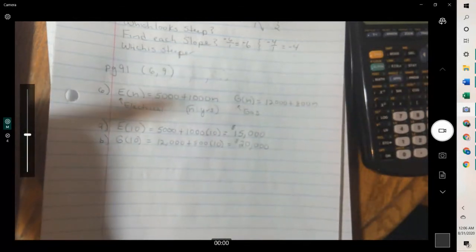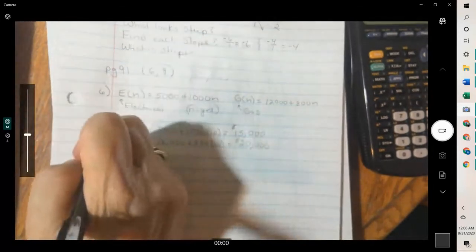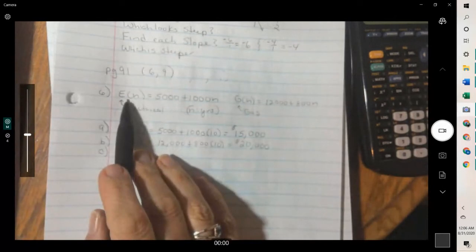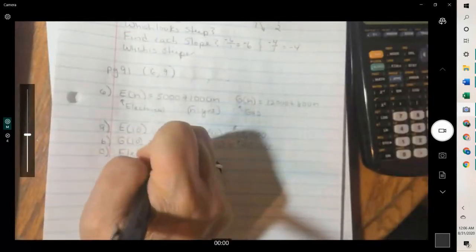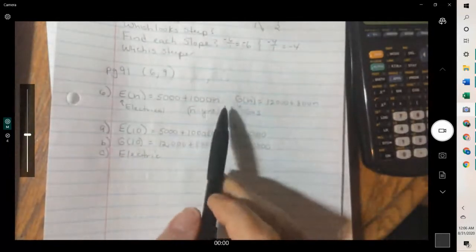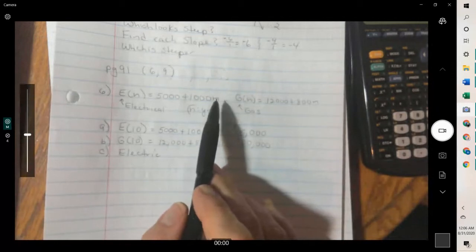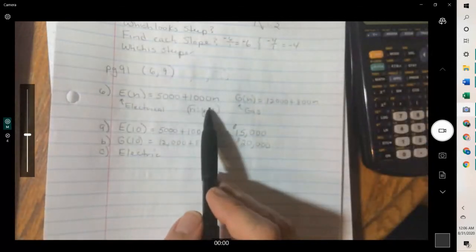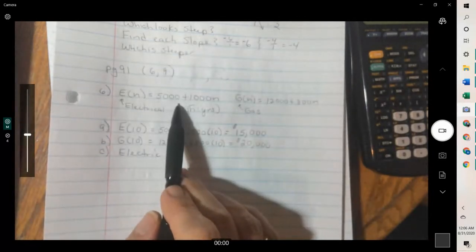Find the initial or installation costs for each system. Okay, when you're looking at an equation like for electric, the initial cost is the constant. This is how much it costs for each year. This was the beginning fee, before I used it at all. If you put 0 in here, it's $5,000.